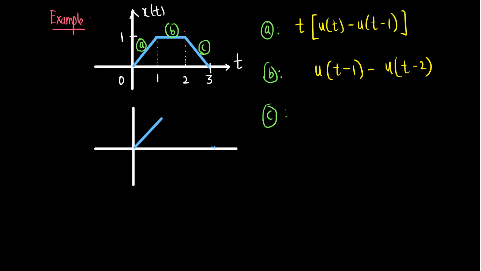So if this is t, if we simply flip this signal and shift it towards right by 3 units, the resultant signal would be exactly what we need. So I have shifted the signal by 3 units towards right after flipping.